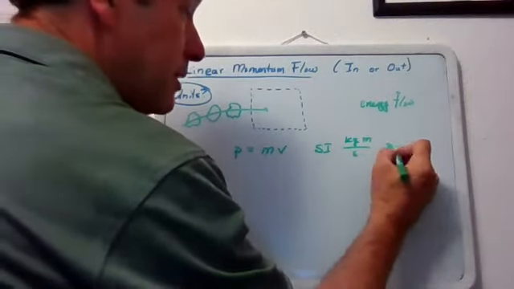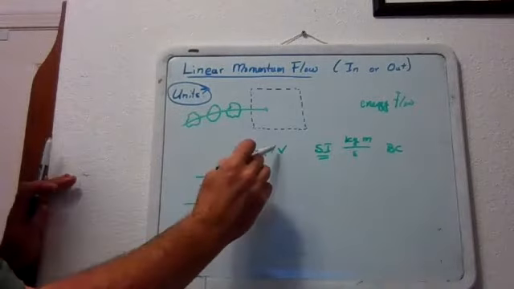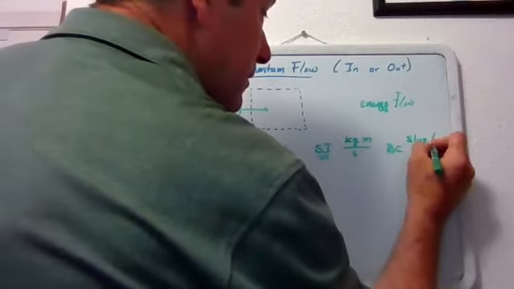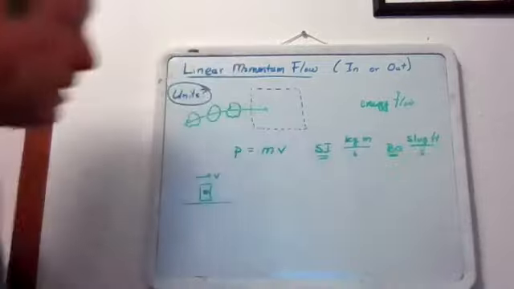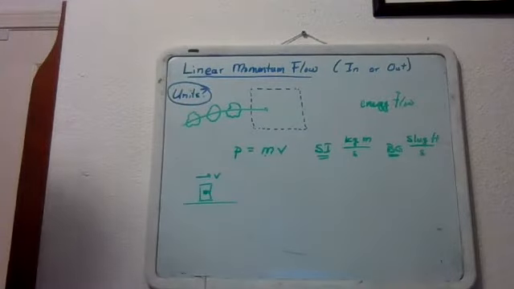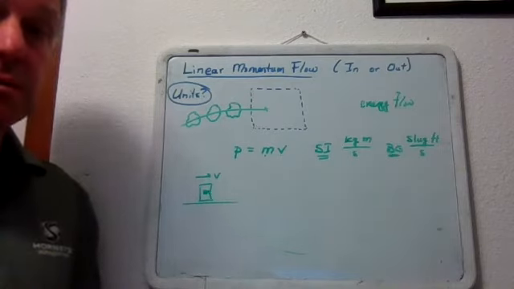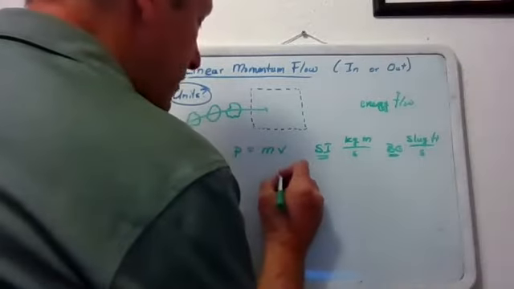Okay, in BG, mass is in slugs and speed is in feet per second, so that would be slug feet per second. Okay, units for momentum. By the way, is momentum a vector? Absolutely, momentum is a vector, so it has a direction.